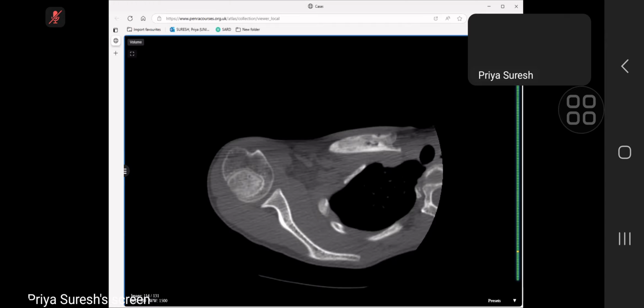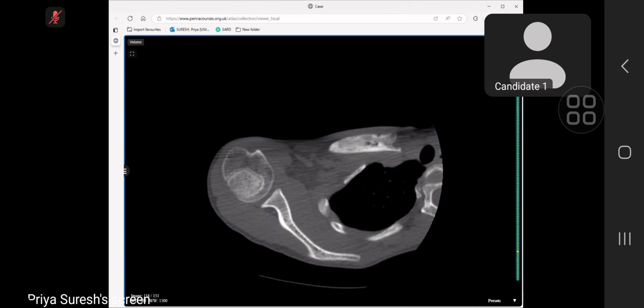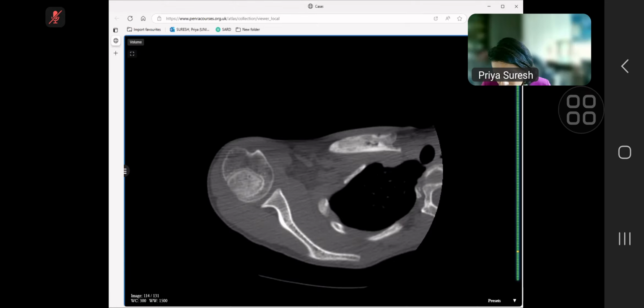There's no previous chest X-ray available. Anything else that you would think about? Lab markers can also help. Lab will help. Can you just tell me about two features of chronic osteomyelitis?